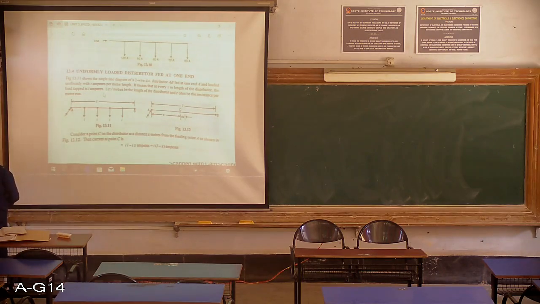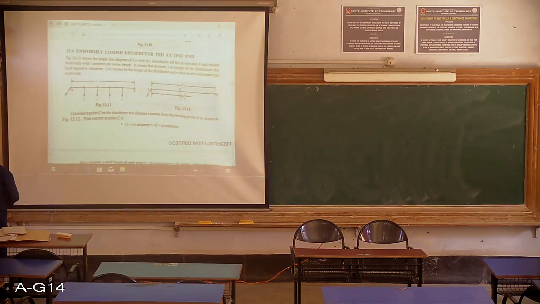If L meters is the length, then to do the calculations we'll consider one arbitrary point C, at a distance x from the feeding point A as shown. Then what will be the current at point C? It will be I into L minus I into x.